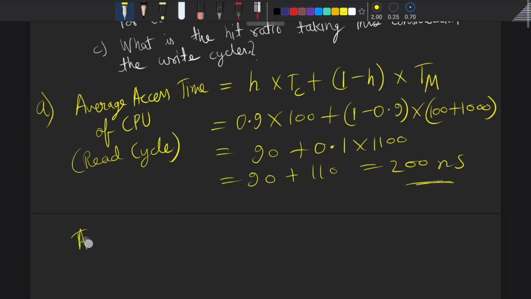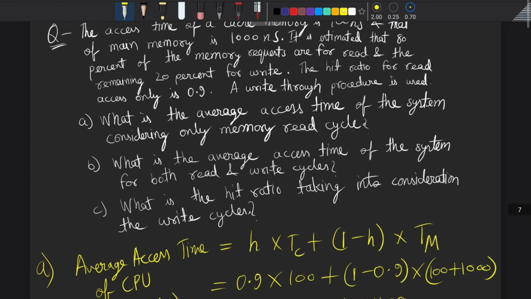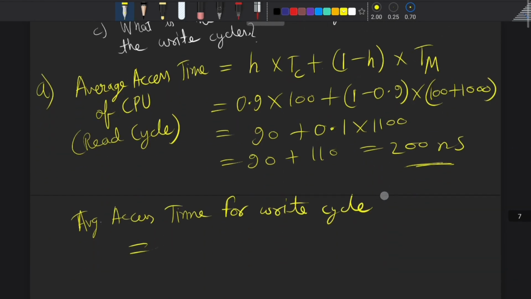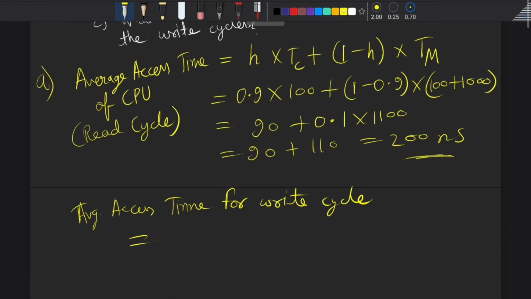So average access time for a write cycle, as it is mentioned in the question that it is a write through procedure, so both cache and main memory are updated simultaneously.